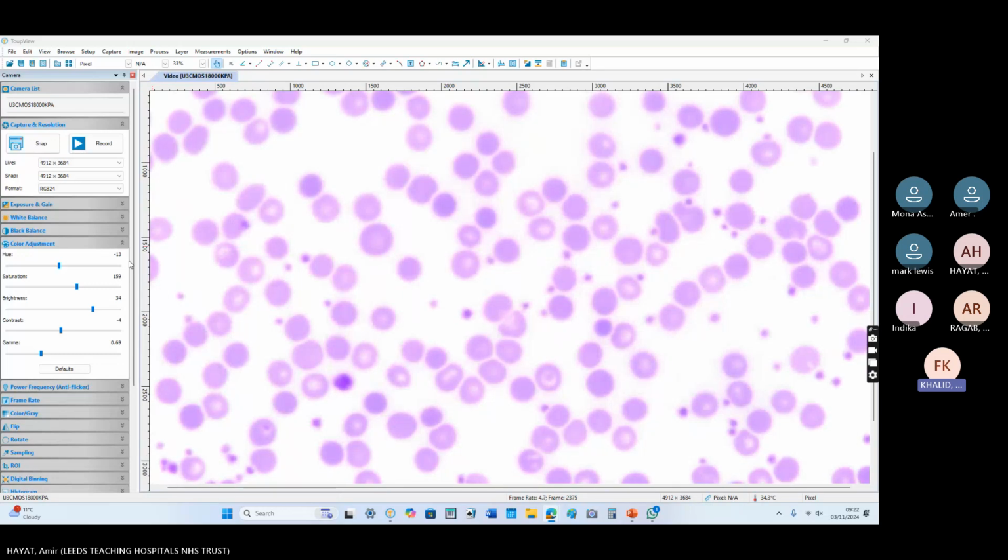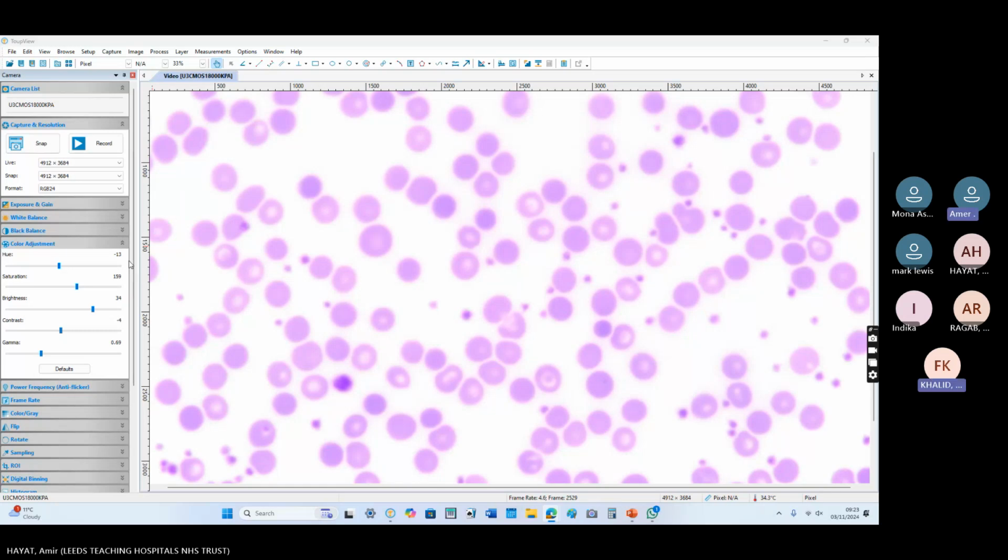Can you just repeat the context? I'll report it. So this is a 30-year-old young man presented to the emergency department with worsening fatigue and tiredness. He has some sore throat-like symptoms as well. He has a blood test done which shows hemoglobin of 90, platelet count of 900, and white cell count of 9.